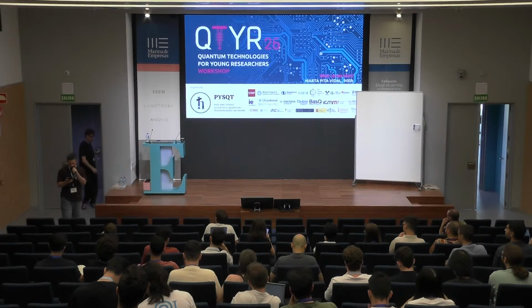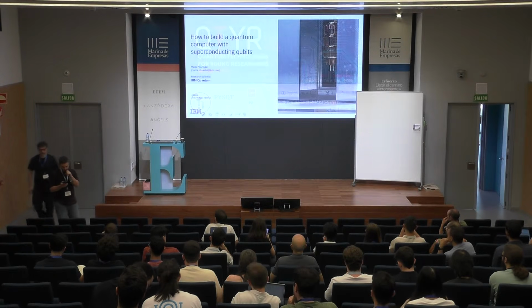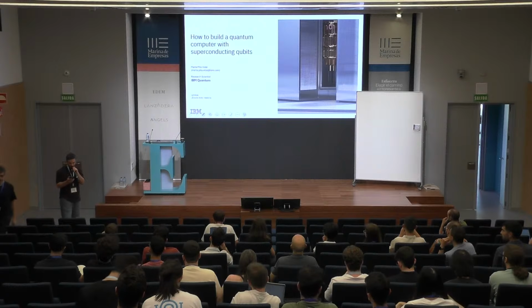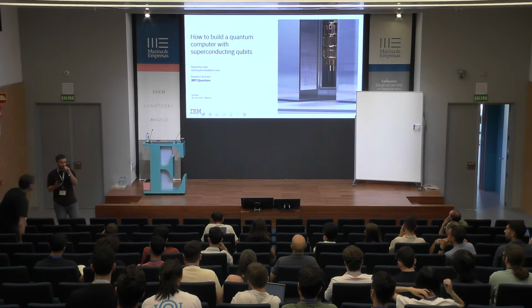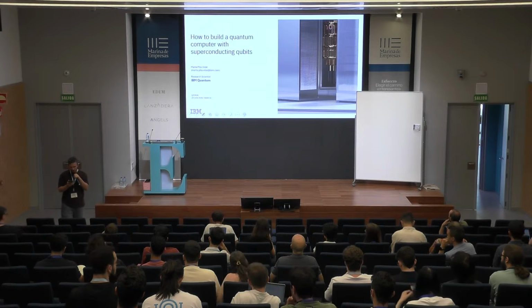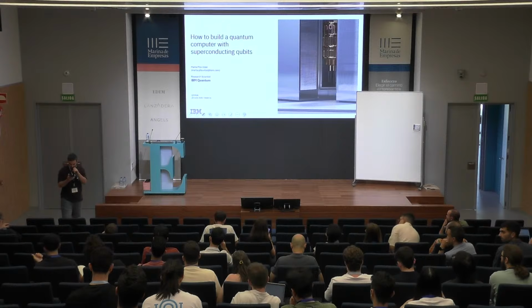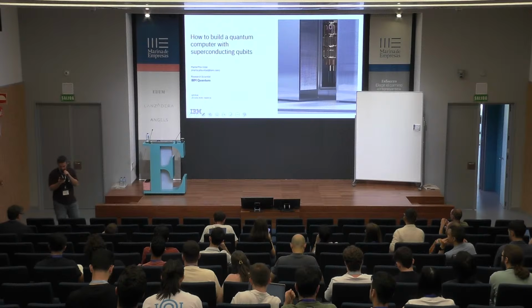She's an experimentalist researcher at IBM. She works on the development of superconducting qubit-based quantum processors. In particular, she focused on transmon readout and leakage mitigation. Before that, she did a postdoc at IBM as well, working on germanium quantum dot spin qubits.